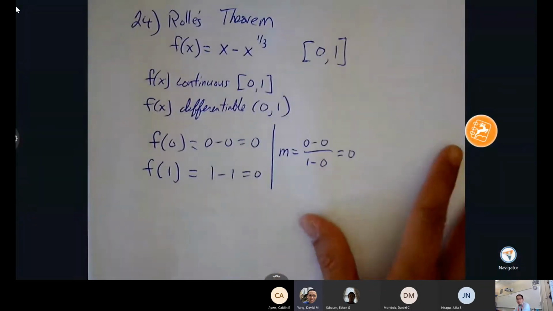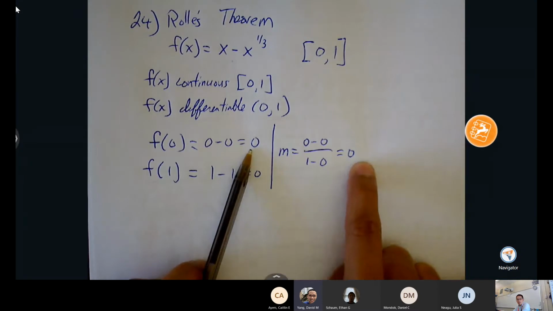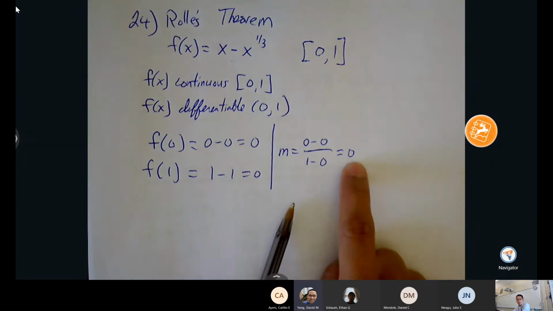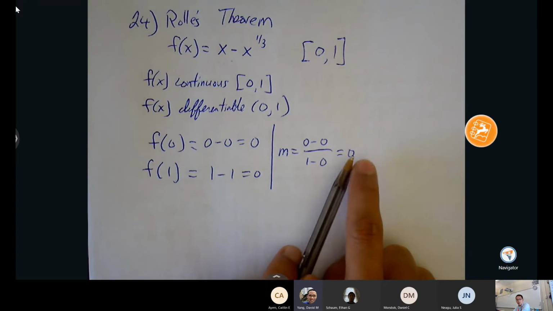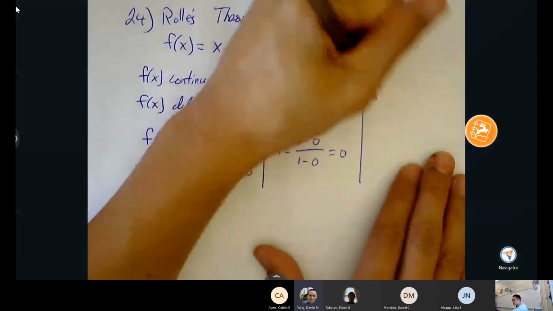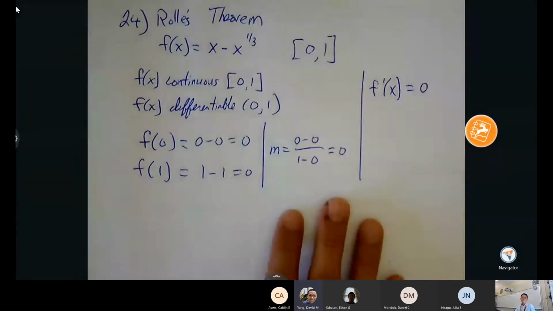So I want us to understand that it's not because these are 0 that that's 0. It's because these are the same. That's what's causing that to be 0. Okay. And because of this, we know that we can guarantee a slope of 0. We can find f prime and set it equal to 0.